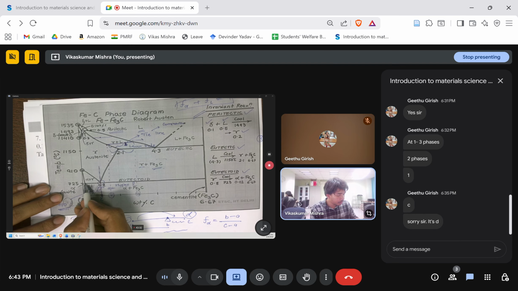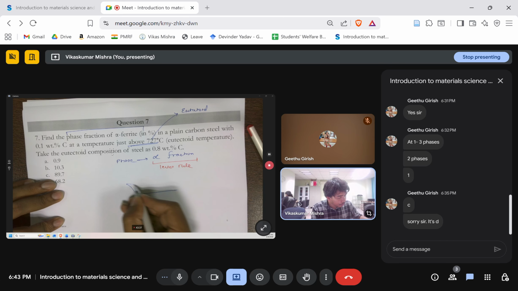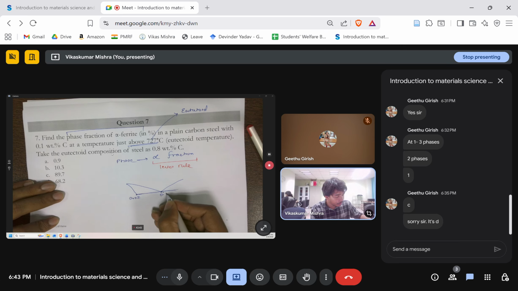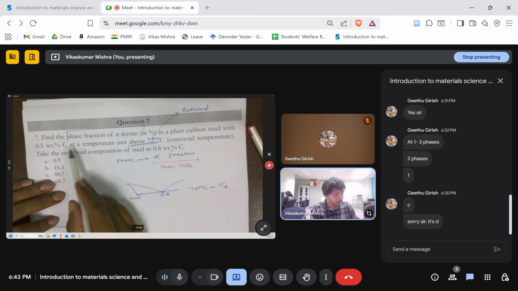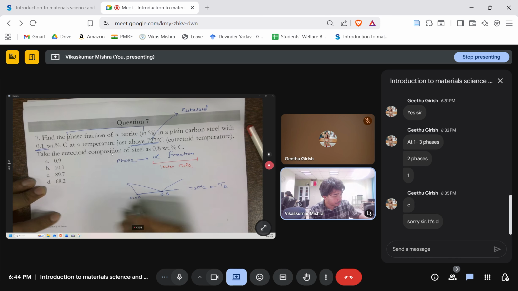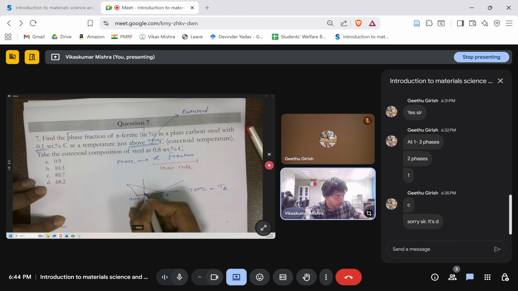We already know this point is nothing but 0.02. This we know, and 0.8 is given to us. This is 727 degrees Celsius, which is the eutectoid temperature. Now we are just above this and our composition is 0.1 around here. We are at this particular composition. This is 0.1.